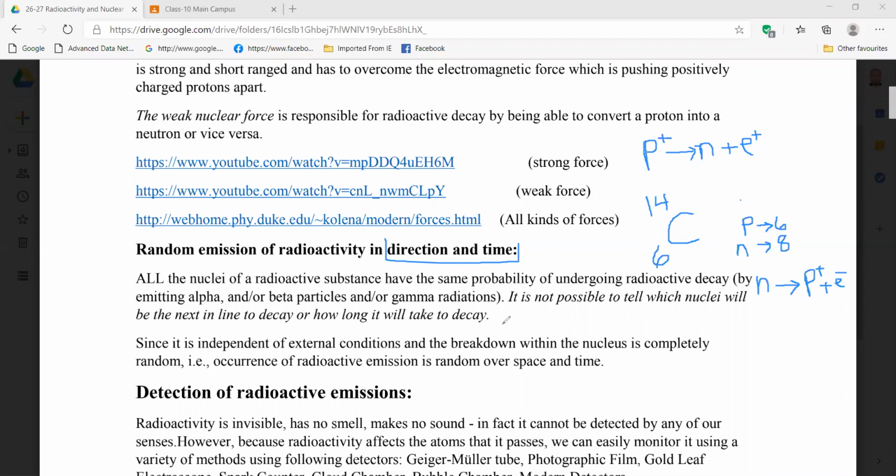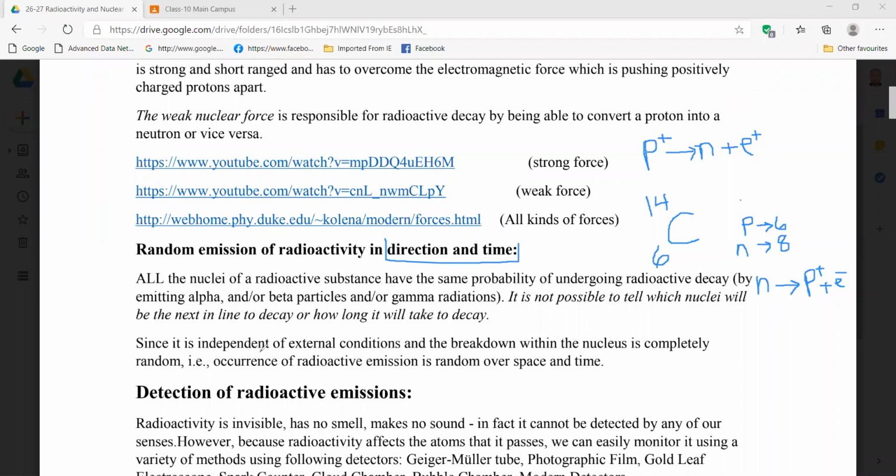We cannot say. Maybe those at the surface of the sample can decay, or from the middle. That's why the emission can come to any side: right side, left side, upwards, downwards, anywhere. In that respect, it is random in direction, and it is also not fixed how long it will take. Already I explained it. That's why radioactivity is called random.